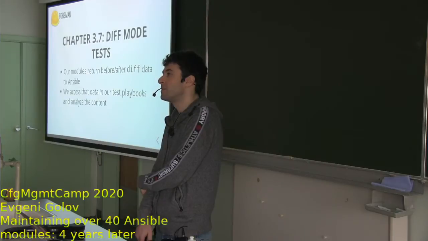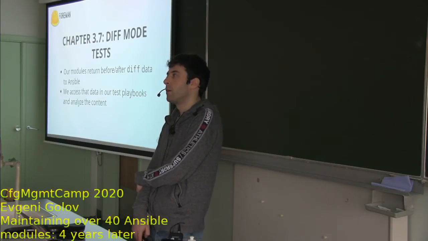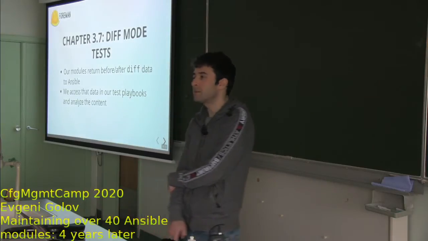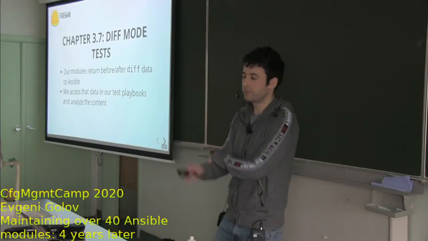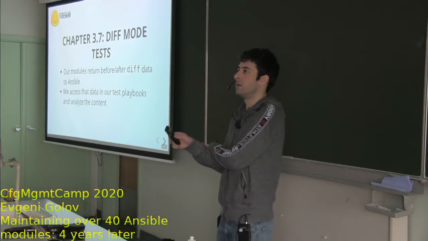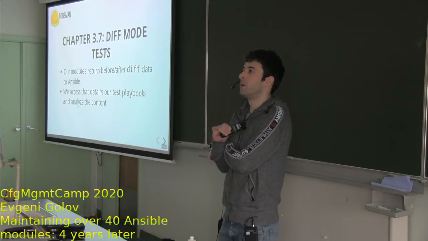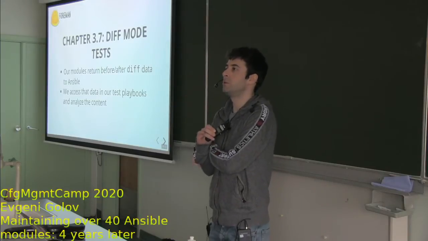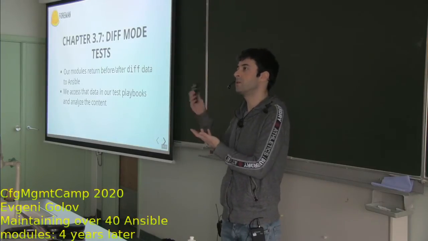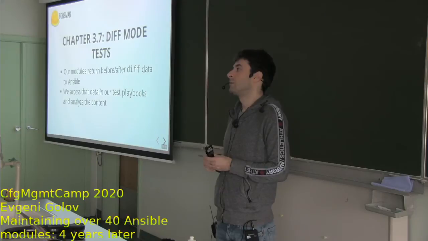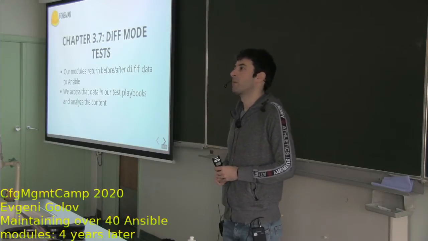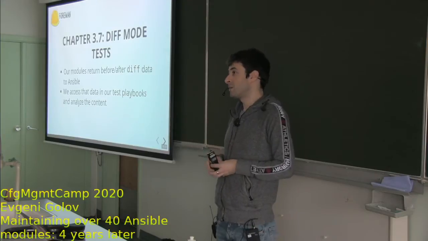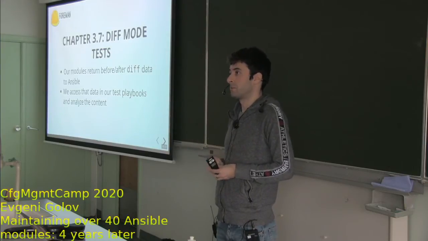Because I want to see that the second run will not change it. For example, yes, it can happen. What I was doing earlier, I was working on the Foreman host module, which allows you to create a host entry in Foreman, and one of the inputs is the MAC address. And I was entering the MAC address in capital letters.